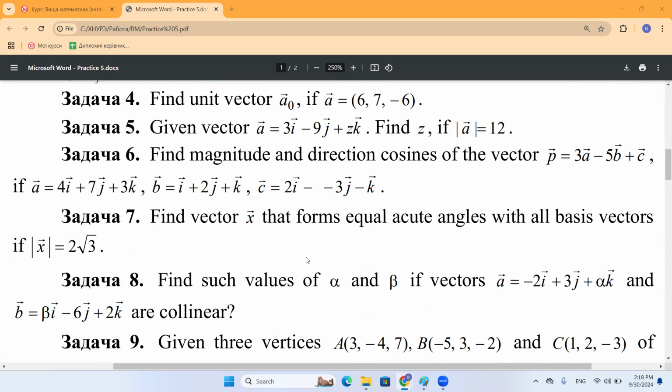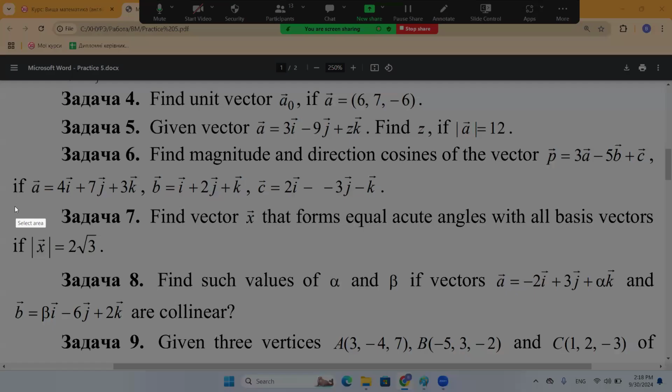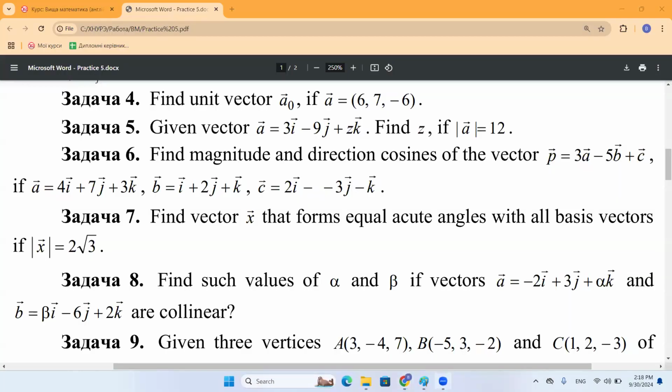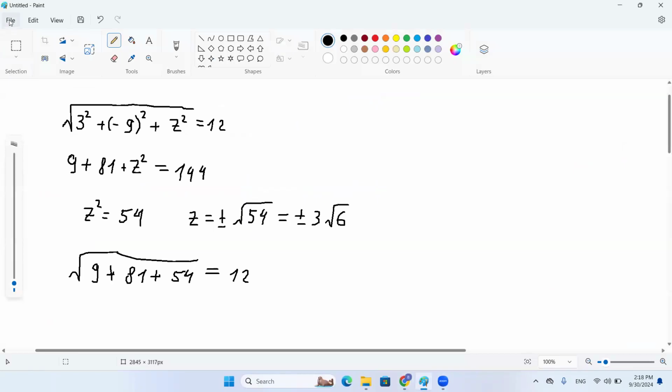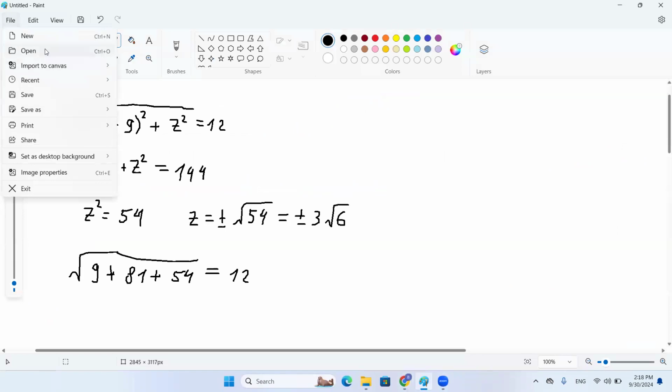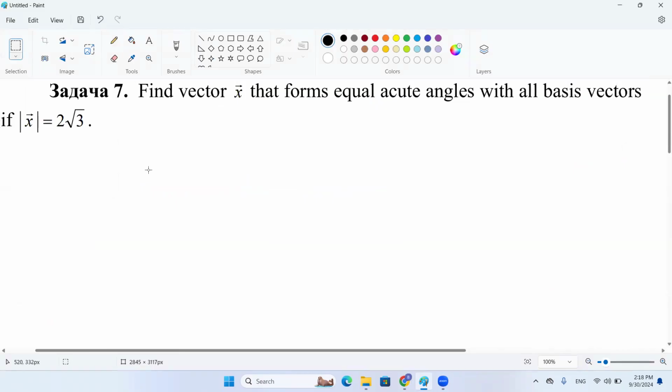Okay, let's solve exercise 7. So we need to find vector x, and it forms equal acute angles with all basis vectors.